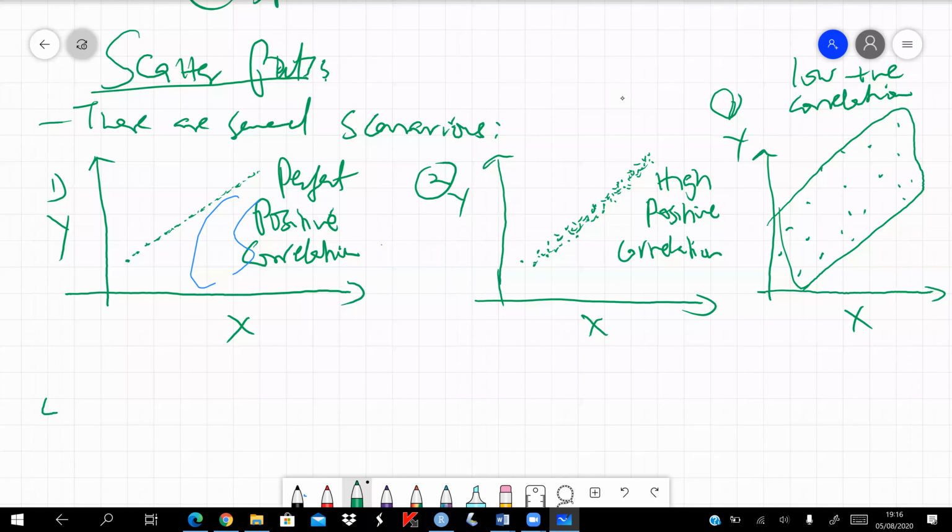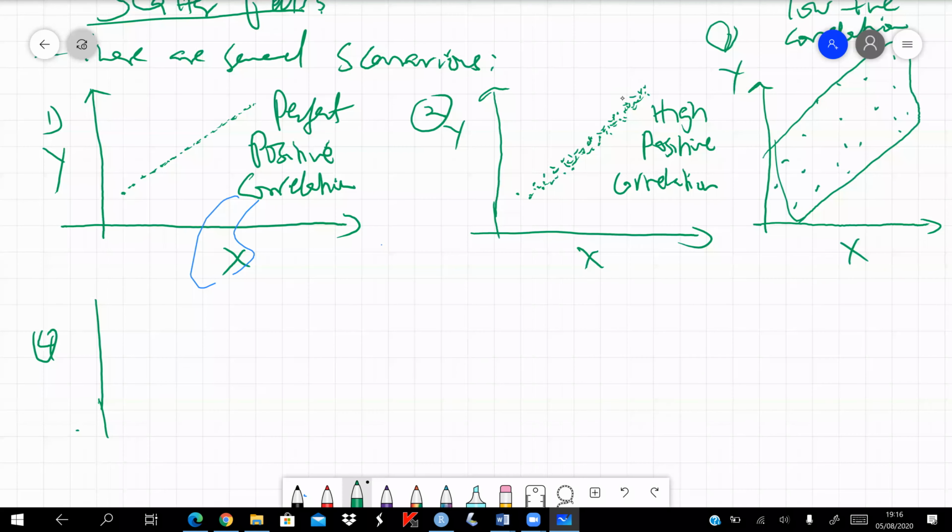The number 4, you can plot the points, and again, you end up with a straight line, but now which is sloping in the negative direction. So you can have something like that. So this is again perfect negative correlation.